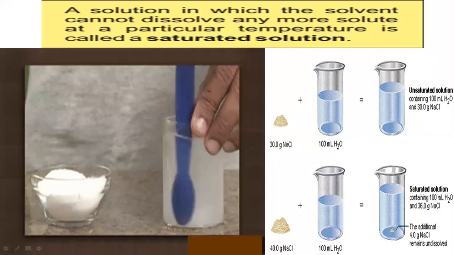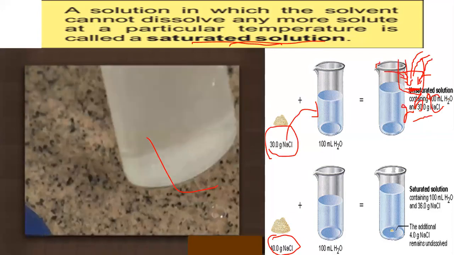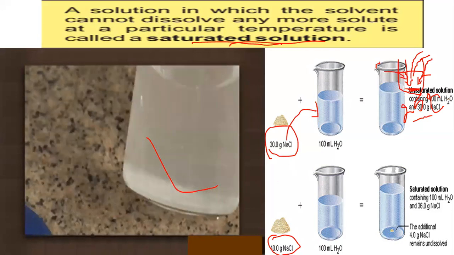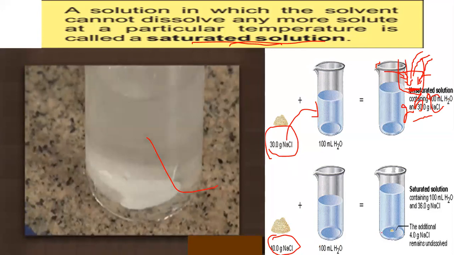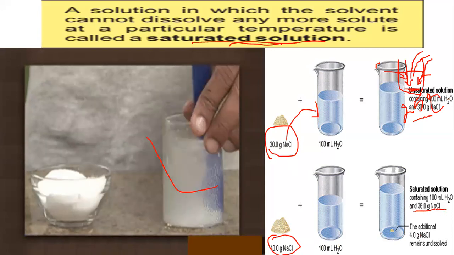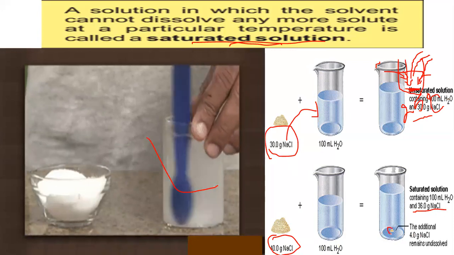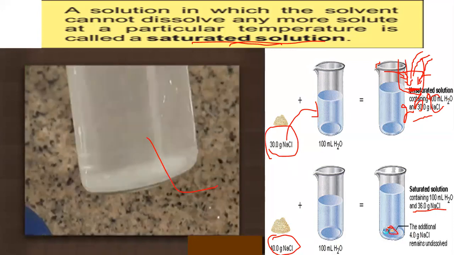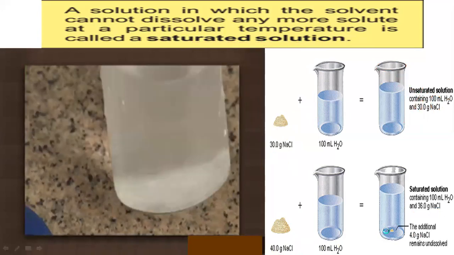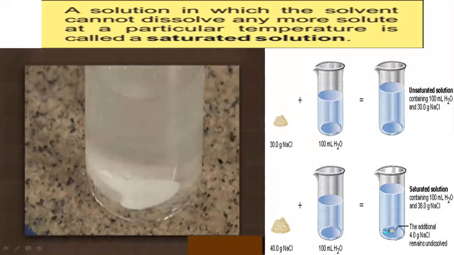But what happens when we add 40 gram of sodium chloride in the same amount of water? It can dissolve just 36 gram of sodium chloride, meaning salt. If we add 4 more grams, that will settle down. So at this point, the solution is called a saturated solution.